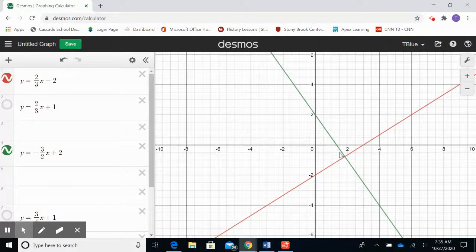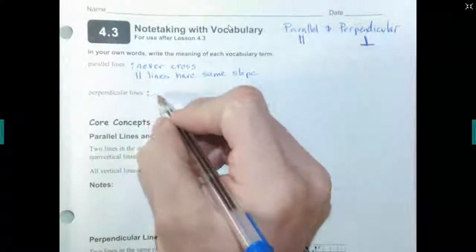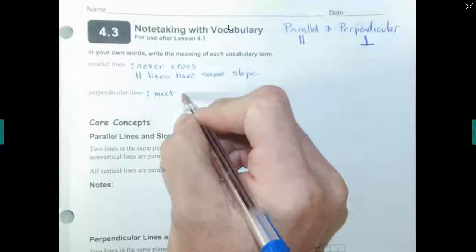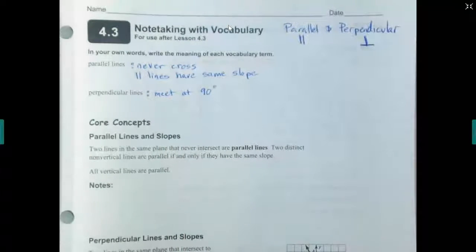So those are perpendicular. So what do we know about perpendicular? Well, we know that perpendicular lines meet at 90 degrees.